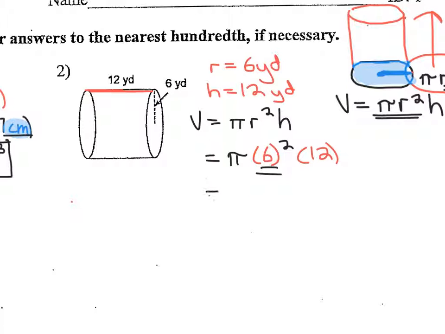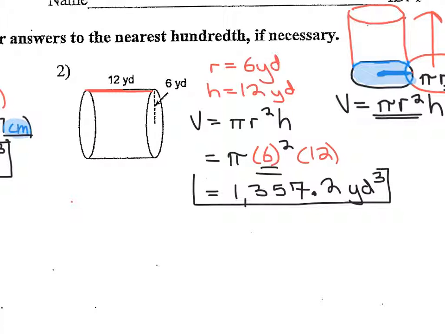That should give you the number 1,357.2 yards cubed. We have to remember our units. Okay, and that's our volume of that cylinder. So in other words, it would take that much amount of fluid to fill up the inside of the cylinder.